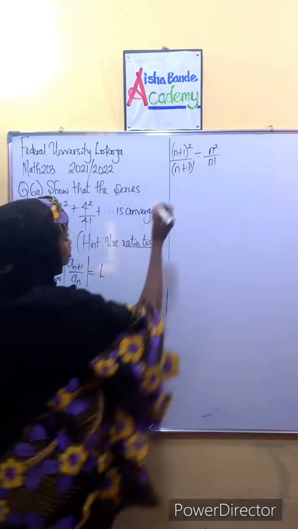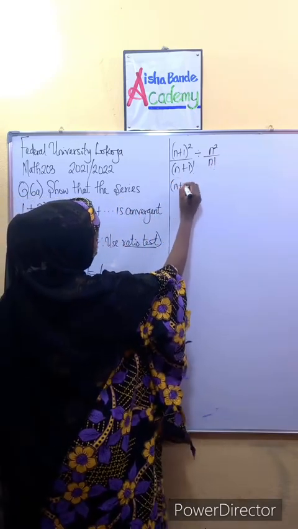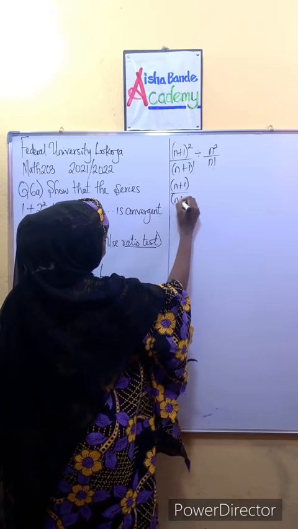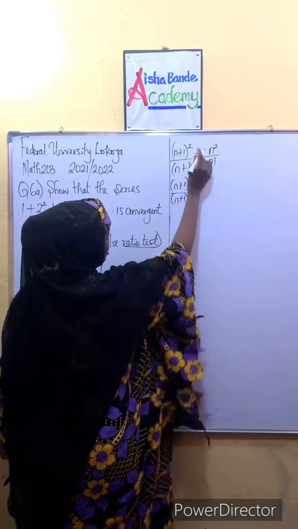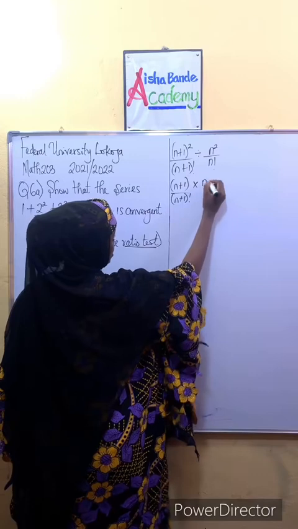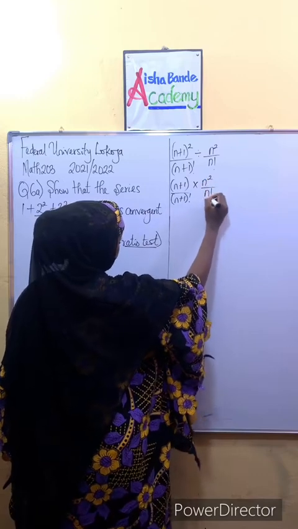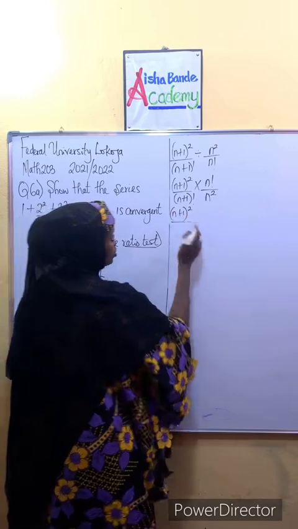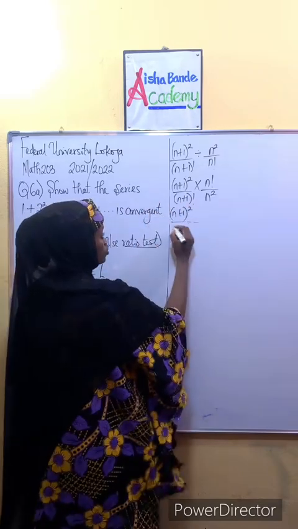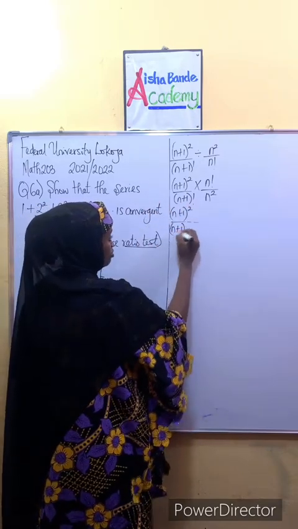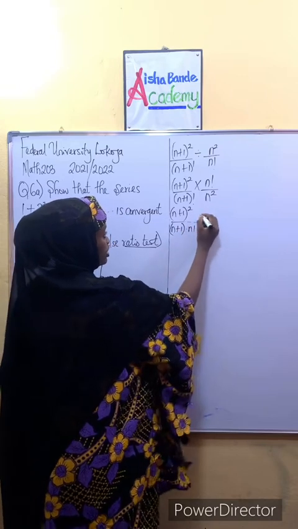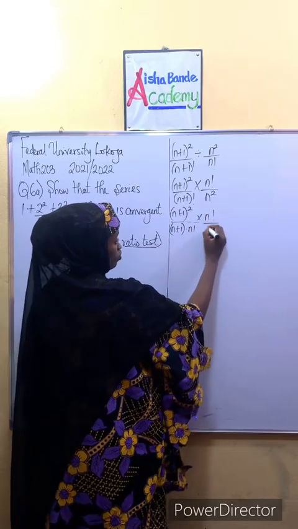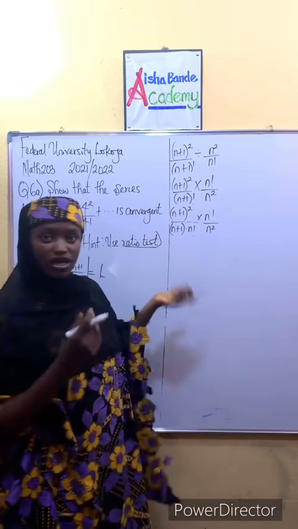Simplifying further, this division turns to multiplication: n plus 1 squared over n plus 1 factorial, times n factorial over n squared. Now, n plus 1 factorial is going to give n plus 1 multiplied by n factorial. So let's see what we can cancel out from here.